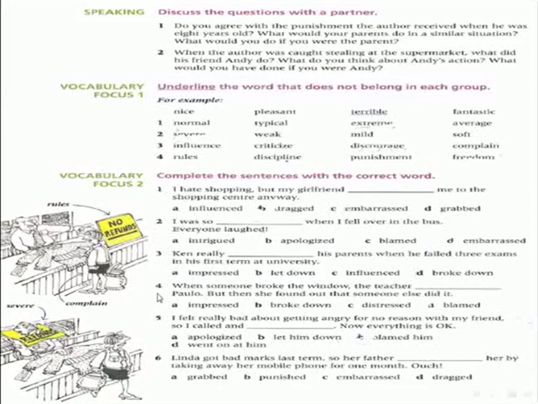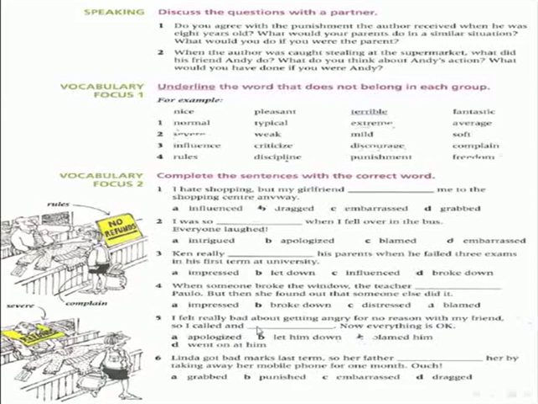4. When someone broke the window, the teacher blamed Paulo, but then she found out that someone else did it. 5. I felt really bad about getting angry for no reason with my friend.